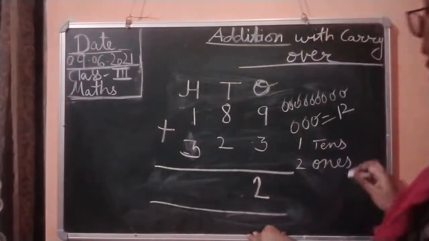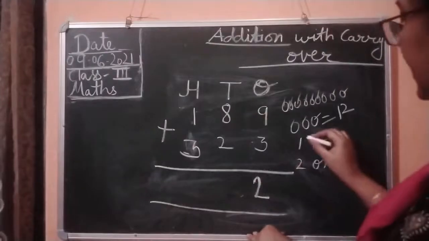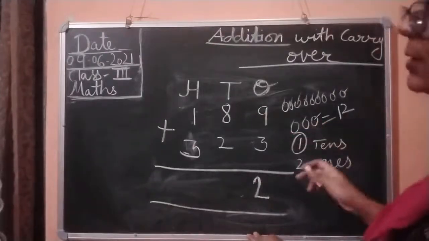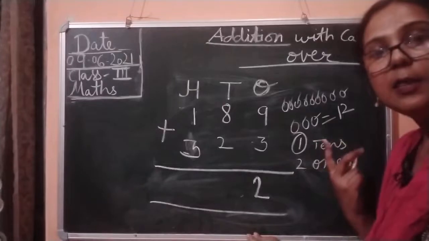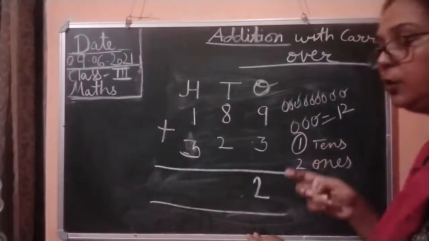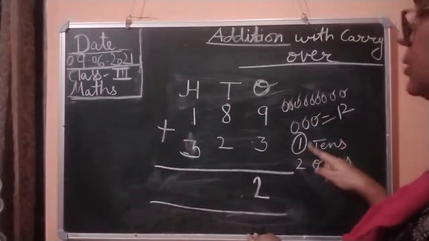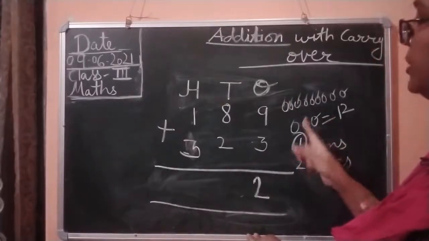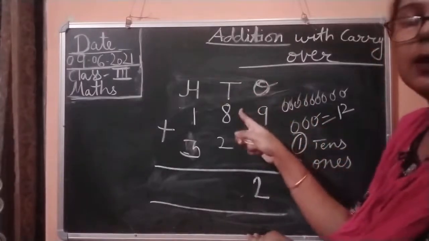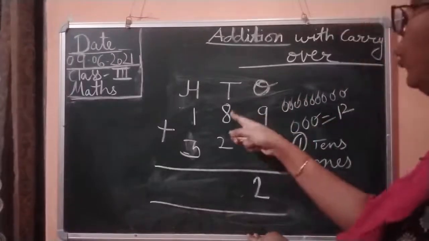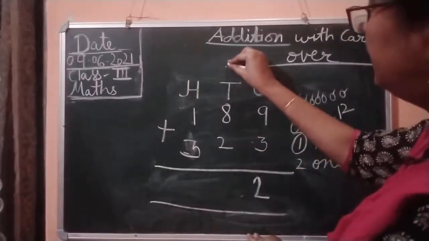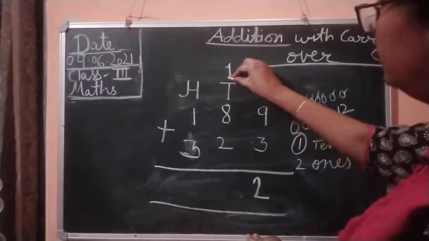Okay children, now what is left? 1. Because this is a double digit number, we are not going to put it in the ones. This 1 is 1 tens, so it will be shifted over here. We will carry this 1 to the tens.